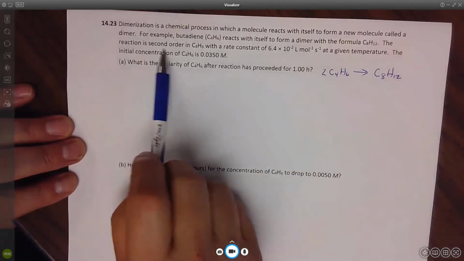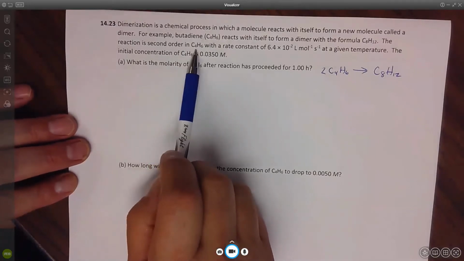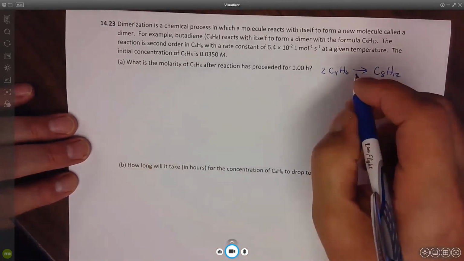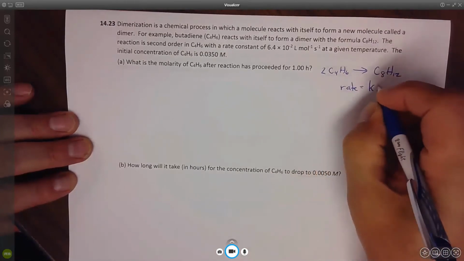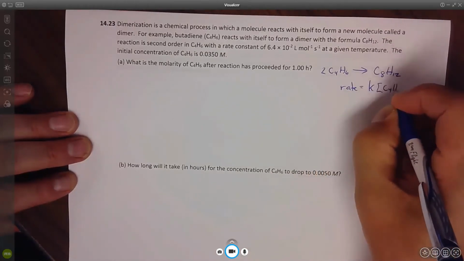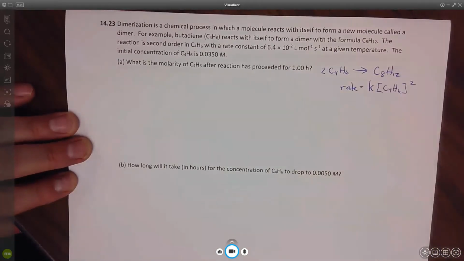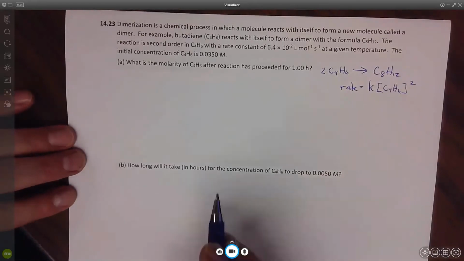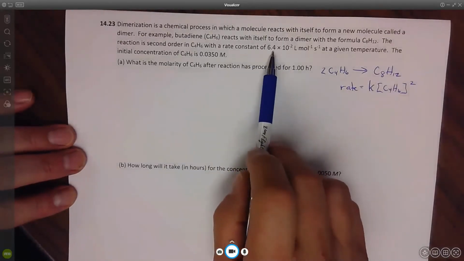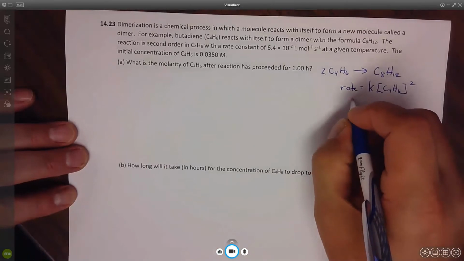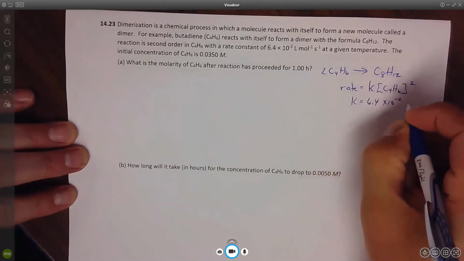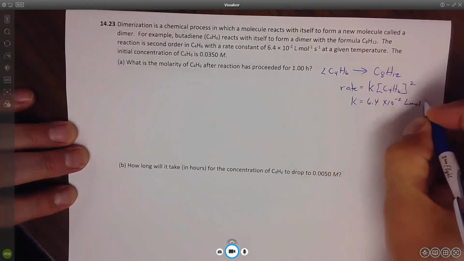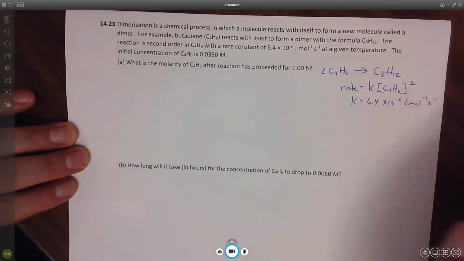The order is second order with respect to C4H6. So if it's second order, that means the rate law is rate equals the rate constant times the concentration of our reactant squared. There is only one reactant, so therefore it is second order. So the rate law would look like that. It says the rate constant, so that's k, right? So we know that k is 6.4 times 10 to the negative 2 liters per mole per second at a given temperature.